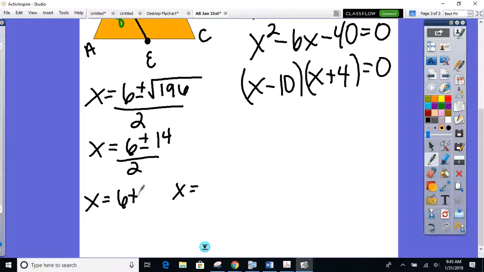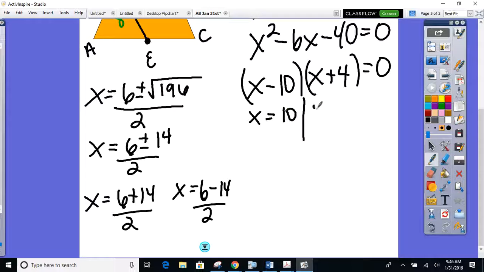6 plus 14 divided by 2, and 6 minus 14 divided by 2. All right, let's go back up here. Factoring people, one answer would have been 10 and negative 4.